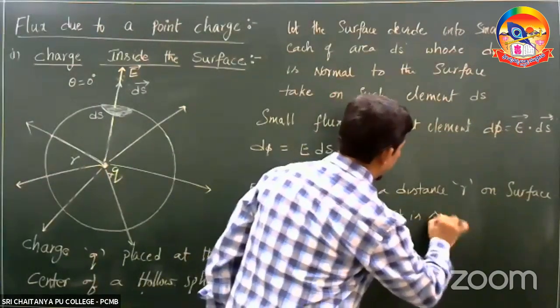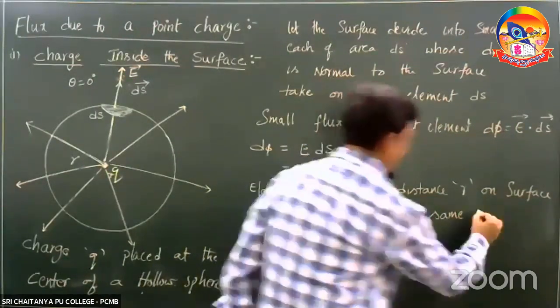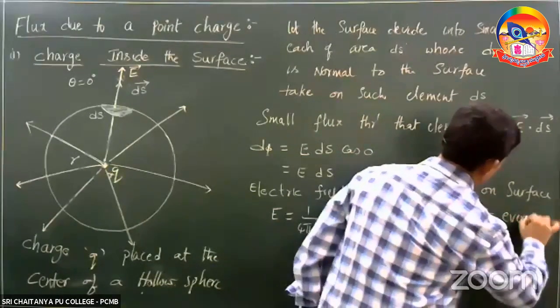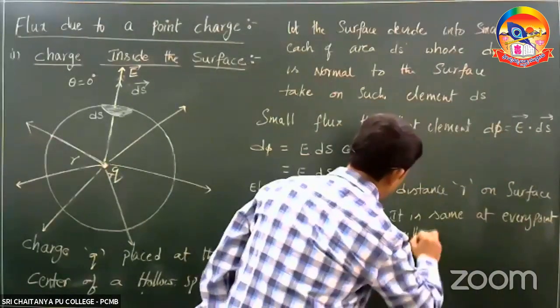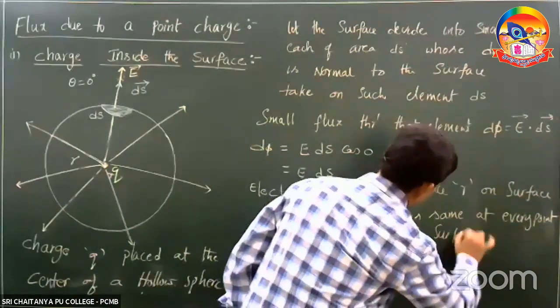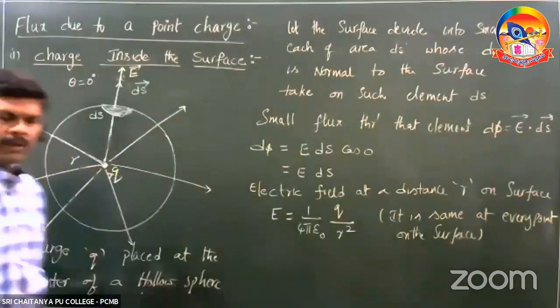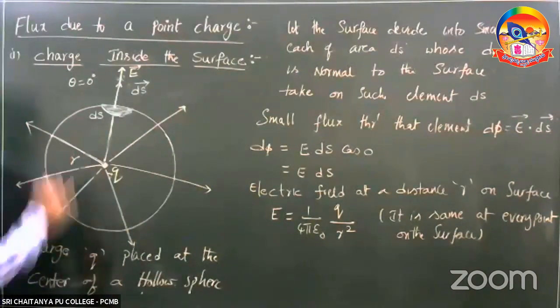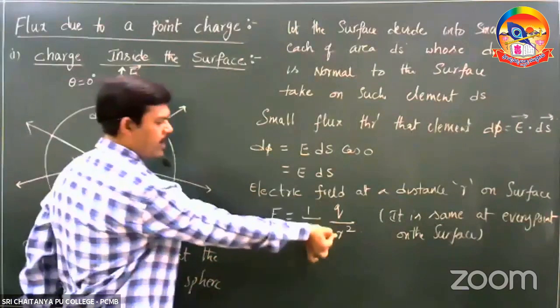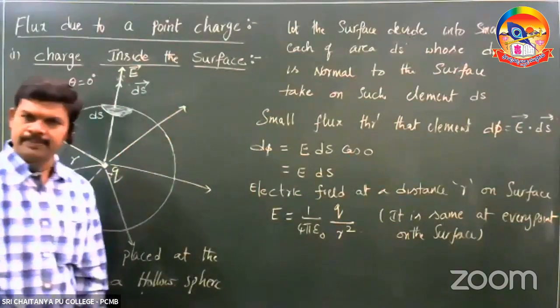It is the same at every point on the surface, right? Because from the center, every point on the surface is at the same distance. Q same, R same, E same.